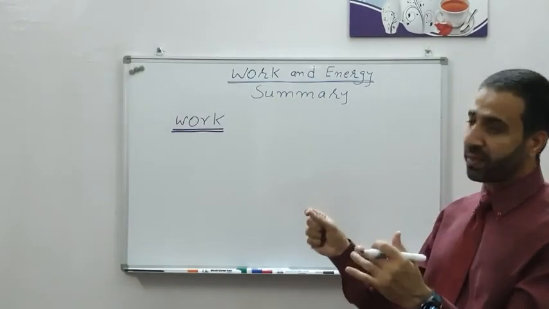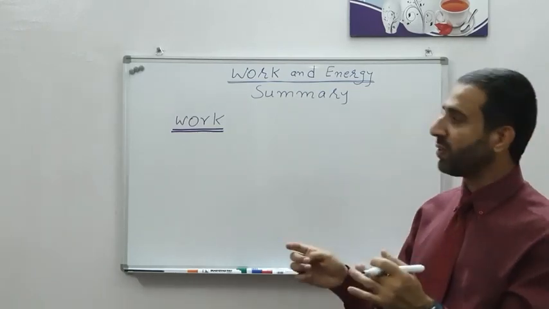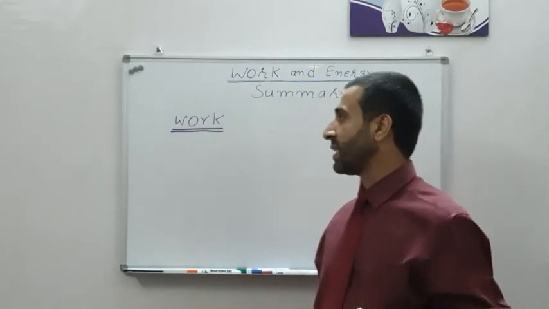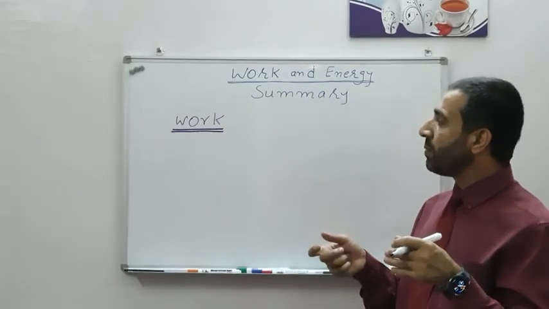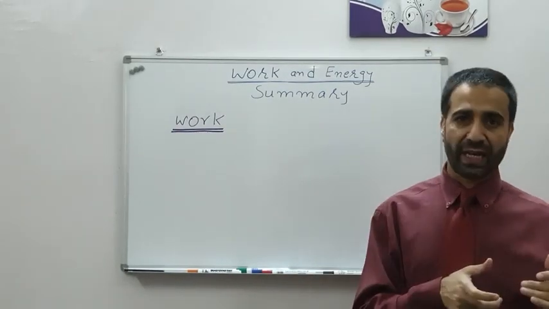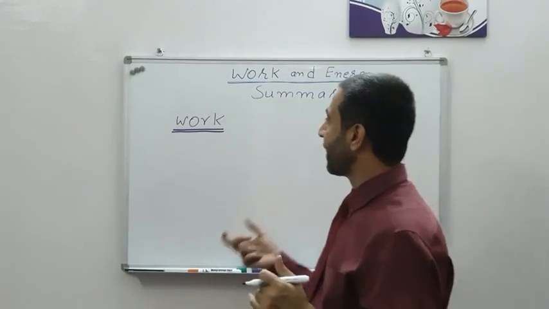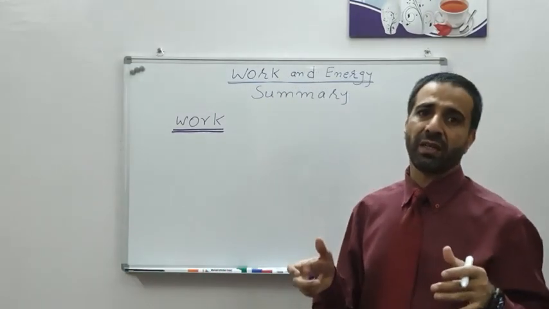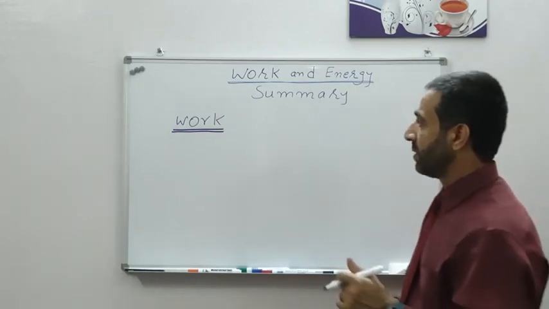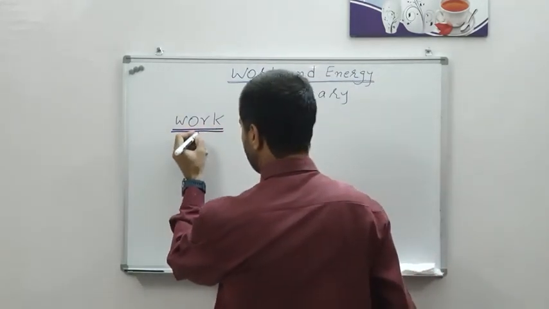If this happens in a process, then we say that work is done, otherwise not. So work is in fact the method of transfer of energy. But in this kind of transfer of energy, the movement of the body is involved, right? And I'll be coming to that point.